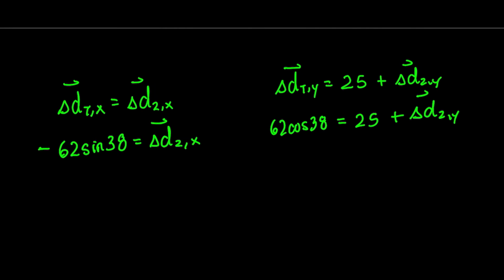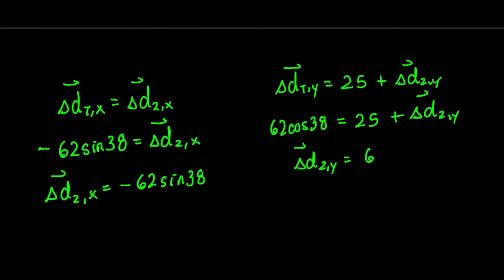So now we have our second displacement along the x component. It's just going to be negative 62 sine of 38. And we can isolate the second displacement along the y as 62 cosine 38 minus 25. And now let's just substitute this into a calculator and see what we get.